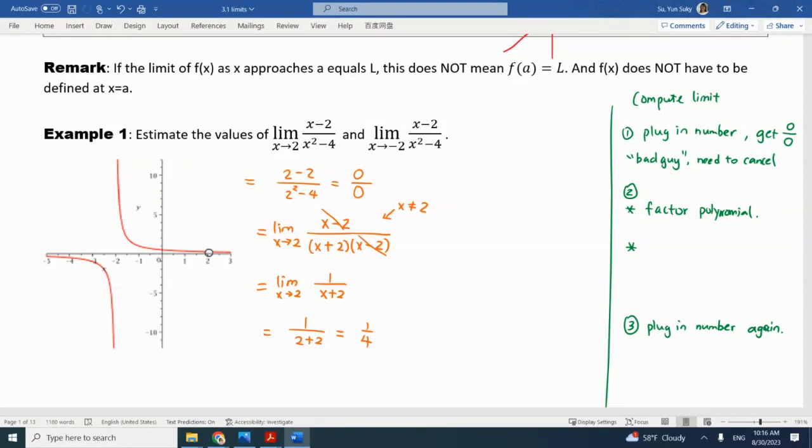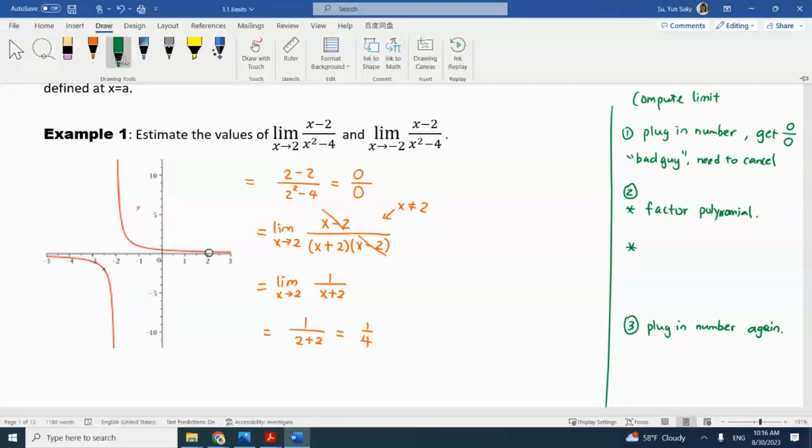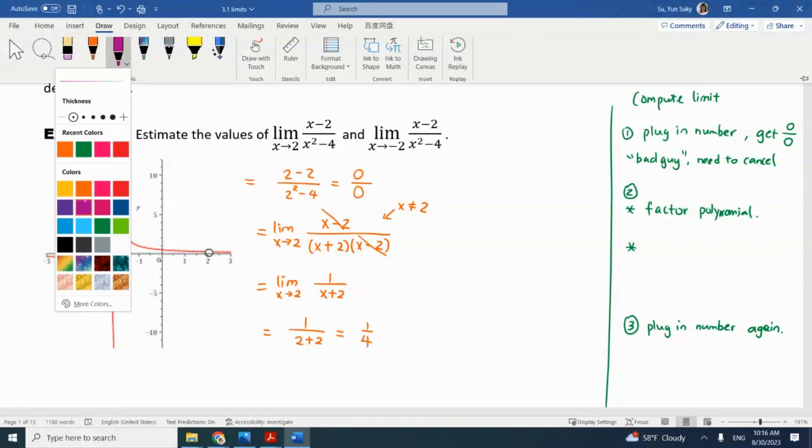After you cancel the bad guy, you can then plug in again. So this is the limit when x goes to 2. How about when x goes to minus 2? When x goes to minus 2, let me use purple color.